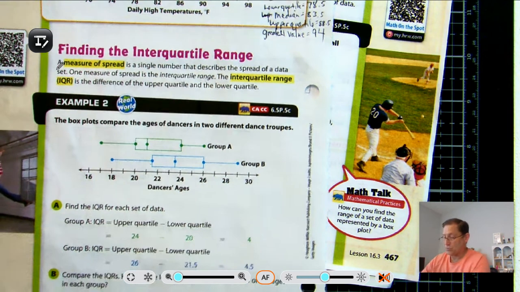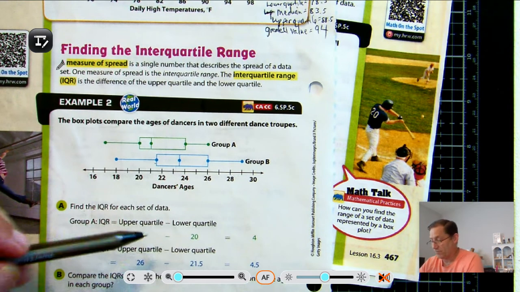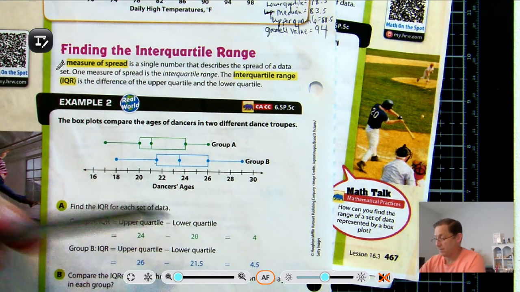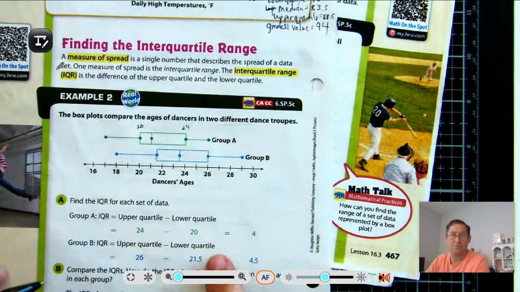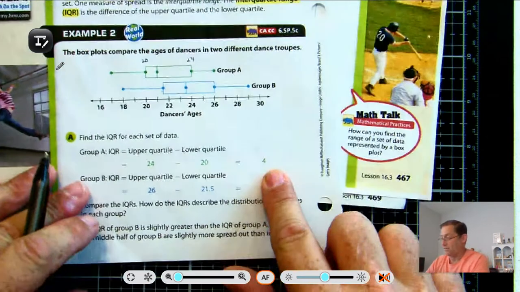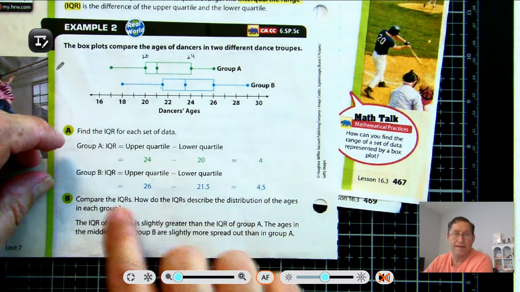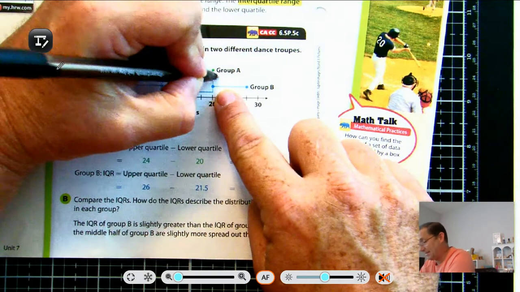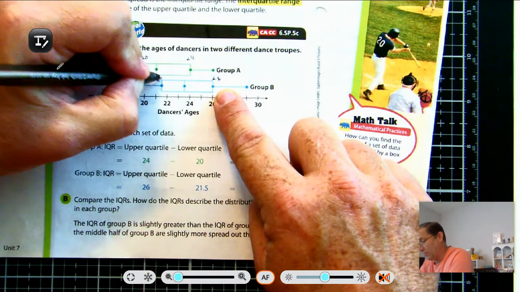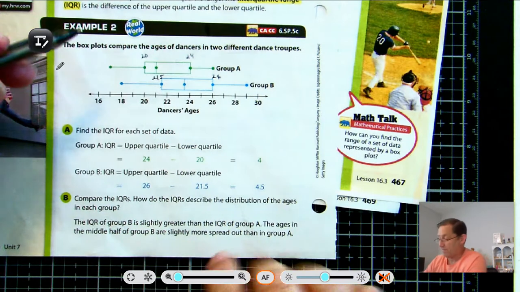So what is the IQR of both? So Group A would be 24 minus 20, because this is 24 and this is 20. So we're just going to subtract those. So the range of the quartiles is 4. And then B, we're just going to subtract 26 and 21.5. And we get 4.5.